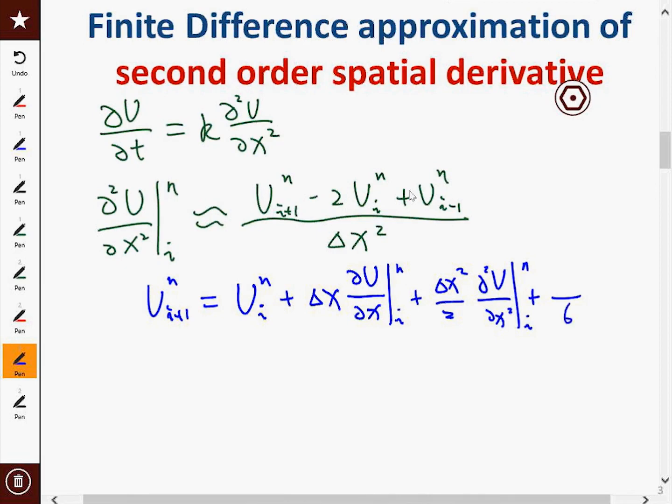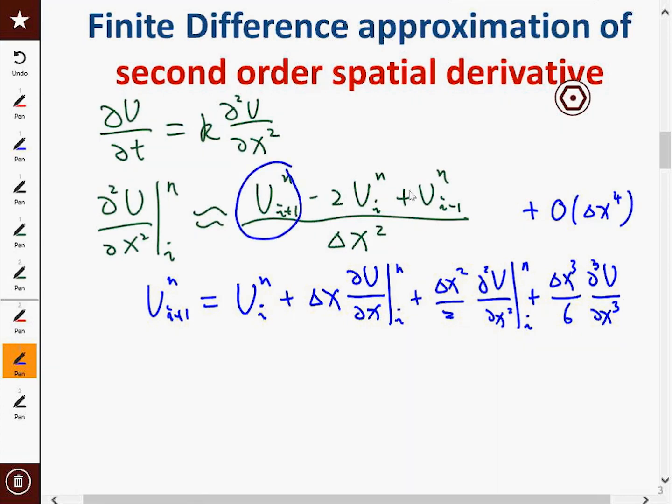I'm going to expand more terms: the third order derivative times delta x cubed divided by 6, and then O of delta x to the 4th.